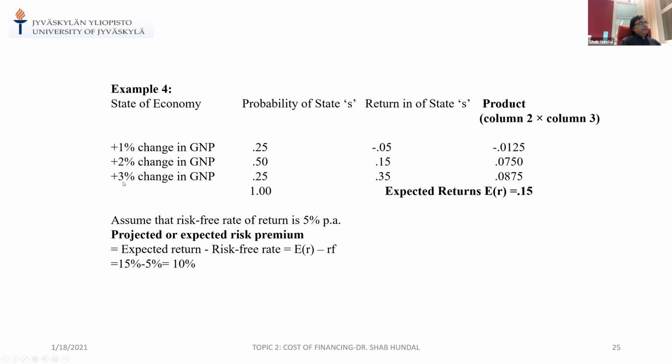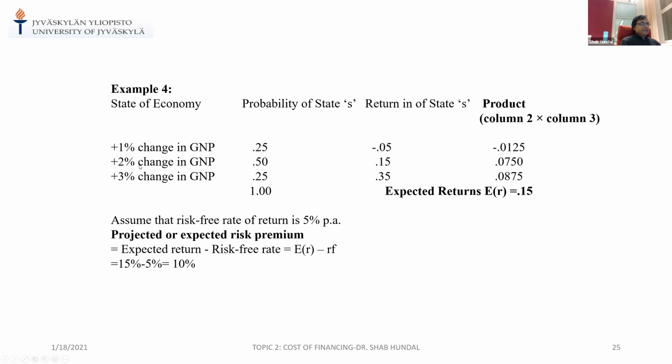And then the overly positive estimate is 3% of GNP growth. These two extremes, very low and very high, 1% and 3%, are 25% each.